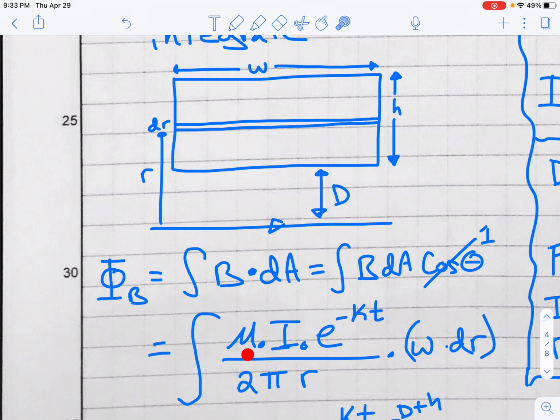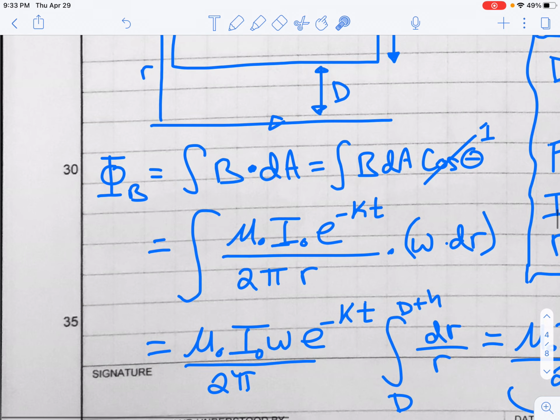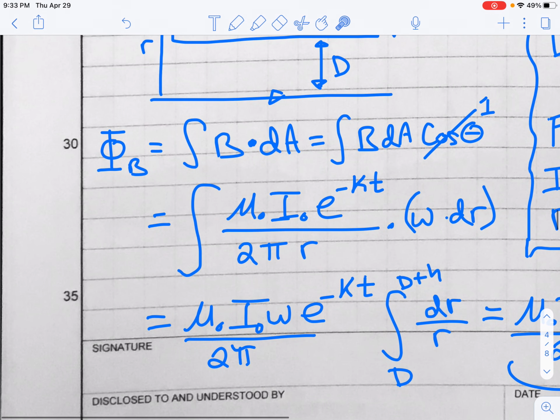So I plug in for B. dA was W, the width, times dr. And then all of this stuff is constant except for the r. So we get the integral of dr over r, which is going to be an ln, right, natural log, and we evaluate it top and bottom.